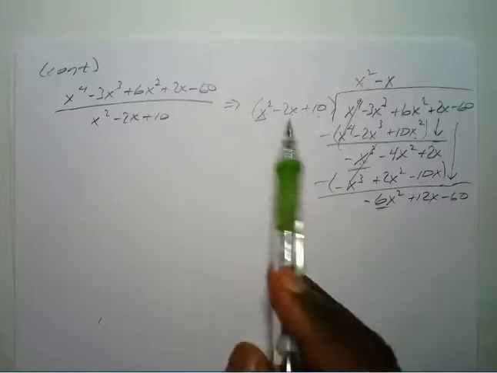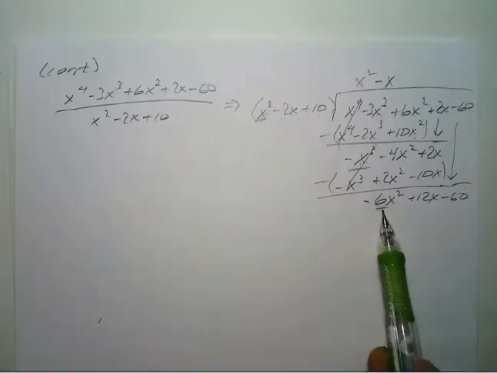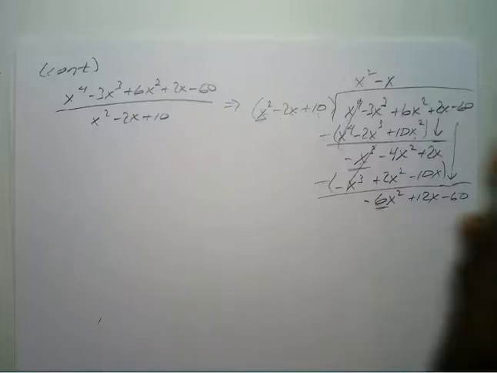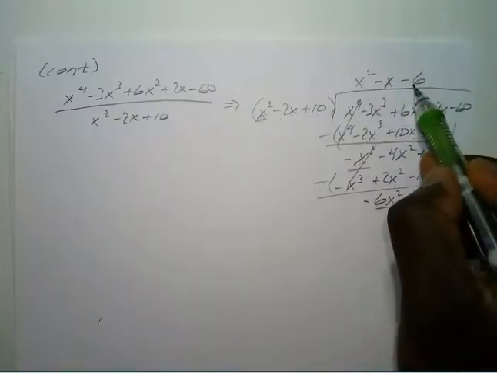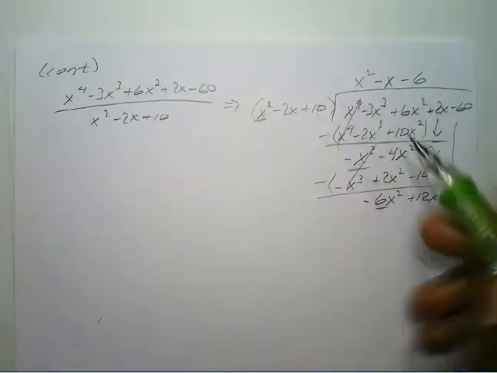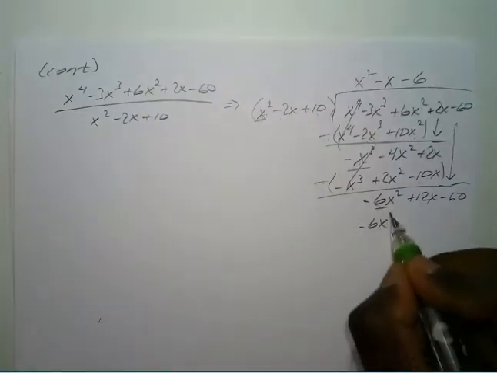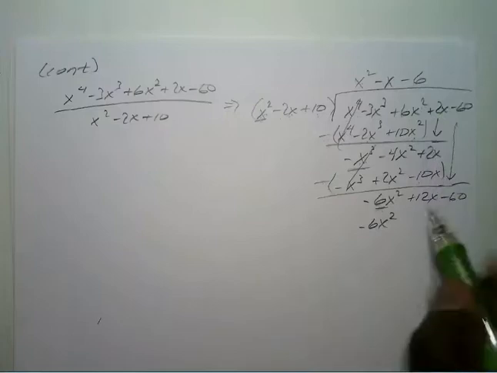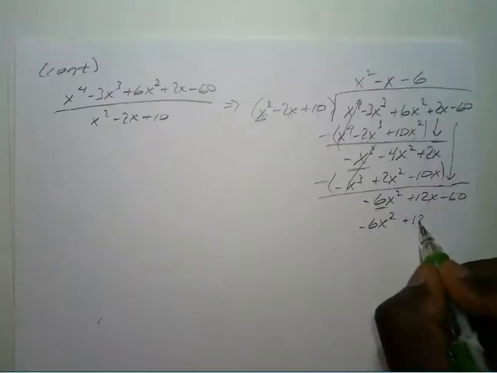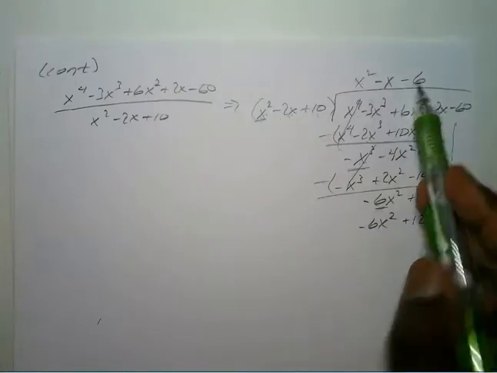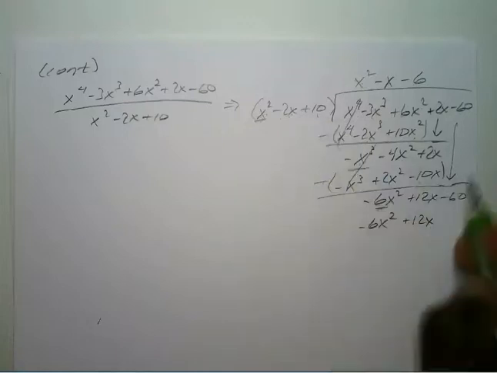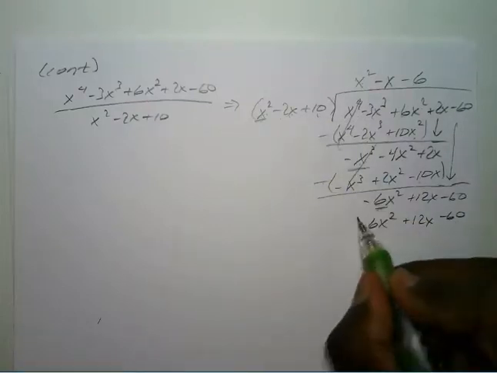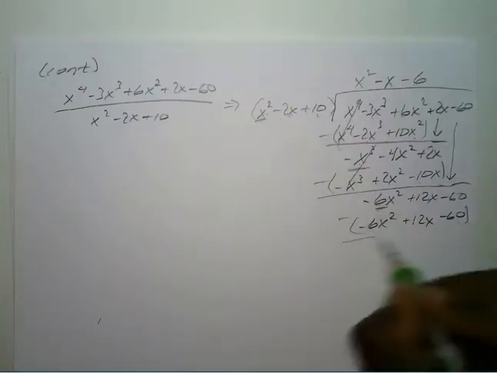Okay, so what times x squared will give us negative 6x squared? Negative 6. So we multiply negative 6 times x squared, which is negative 6x squared. Negative 6 times negative 2x is positive 12x. Negative 6 times positive 10 is negative 60. So we're going to go ahead and subtract those.